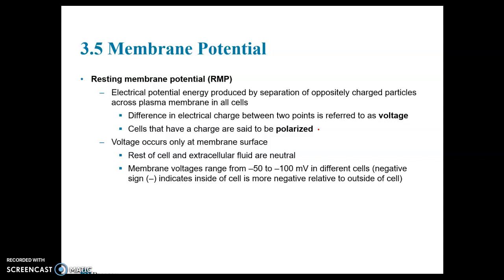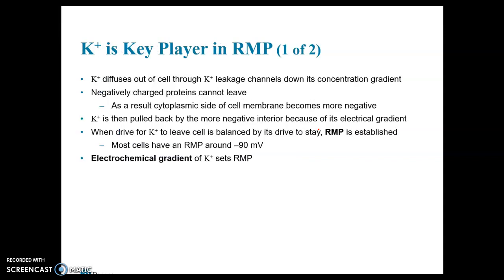And the key player in establishing the resting membrane potential is the ion potassium. We already know that the concentration of potassium is high inside the cell. Sodium is high outside, potassium is high inside. So when there are potassium leak channels in the plasma membrane, and there are scattered throughout the plasma membrane of our cells, potassium is going to diffuse out of the cell, down its concentration gradient, right?